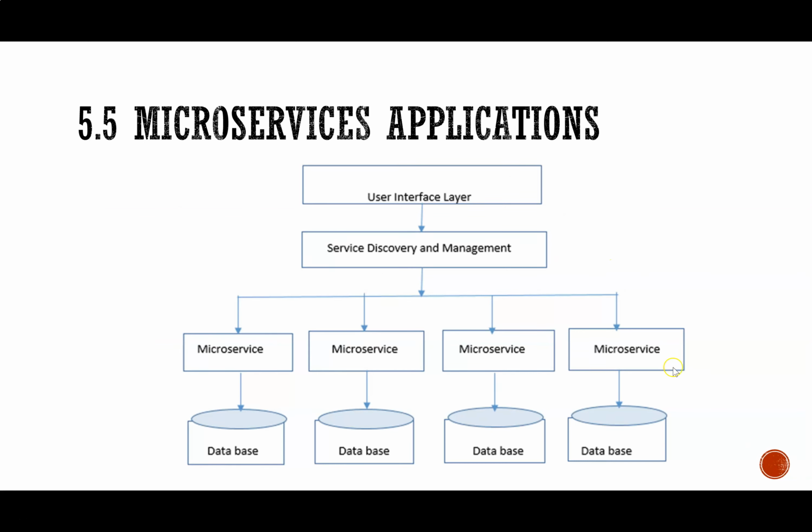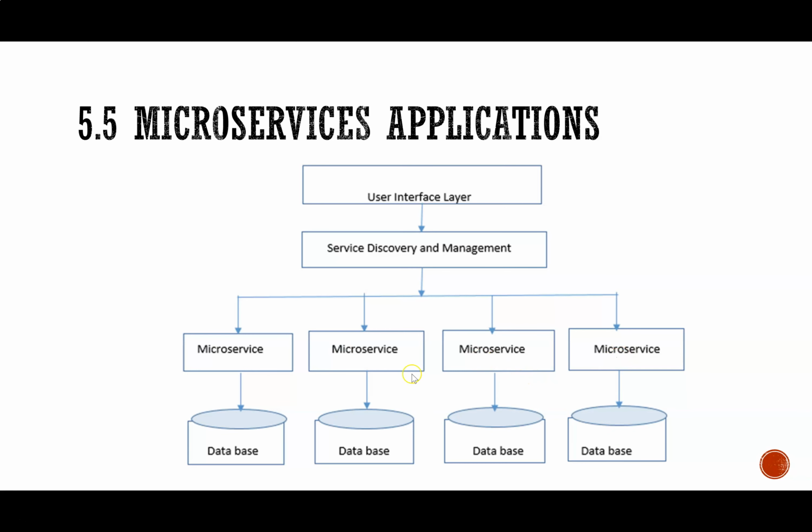Here's an example of a diagram that displays an implementation of microservices. You have a database at the bottom, just as you do with monolithic applications. You have the database which goes to the microservice.